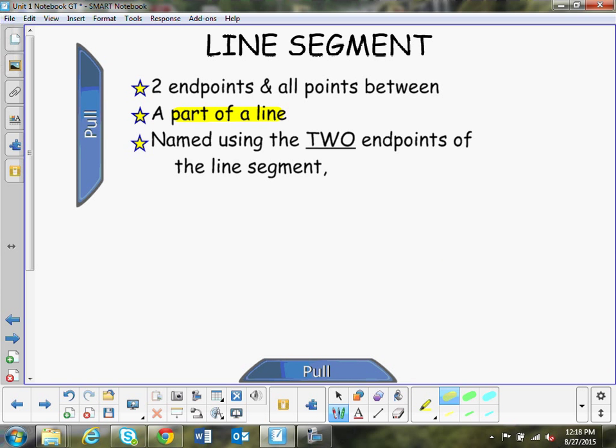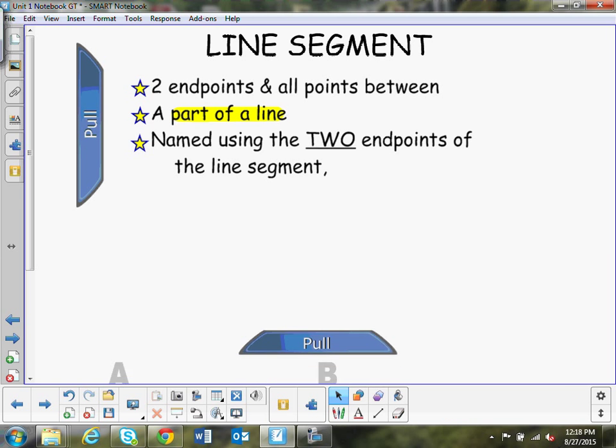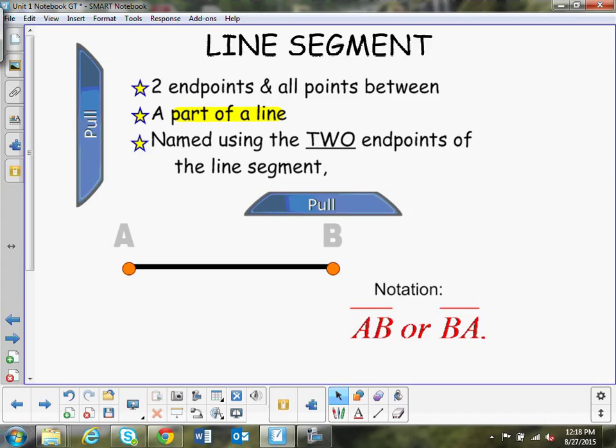It's part of it. And you name it using 2 capital letters, and it has a specific symbol. It's very similar to the line, but it's different. So people get those 2 confused and use the wrong symbol.